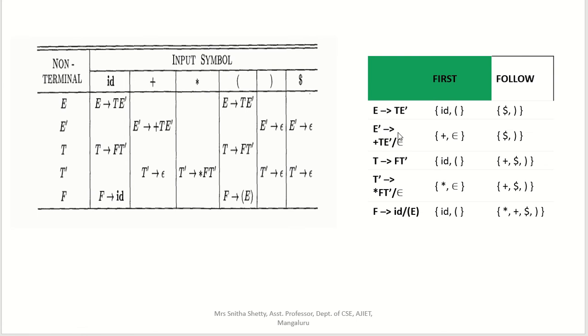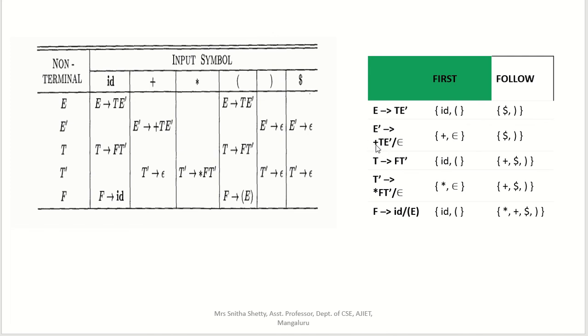Now look at the next production. In the next production there are two possibilities: E dash gives plus T E dash, and E dash gives epsilon. The left hand side variable is E dash, so here I should take E dash. Now look at the right hand side. Look at the first production, plus T E dash.